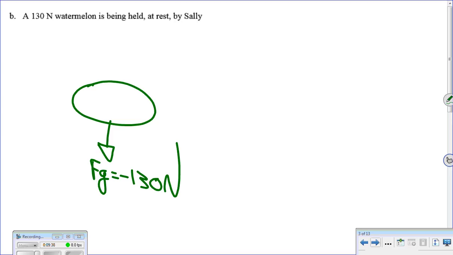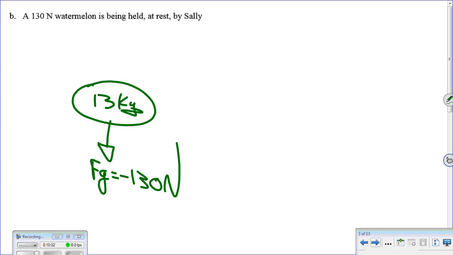Well, I know my force of gravity, I've got to find my mass, right? So how do we do it? How do you find the mass? Divide by 10, right? So 130 divided by 10, or -130 divided by -10, you get 13 kilograms. Good?